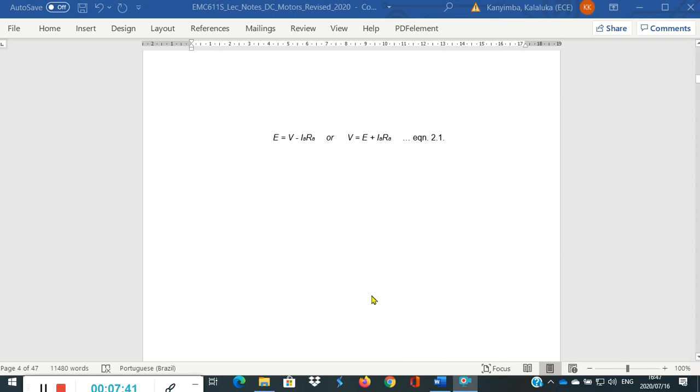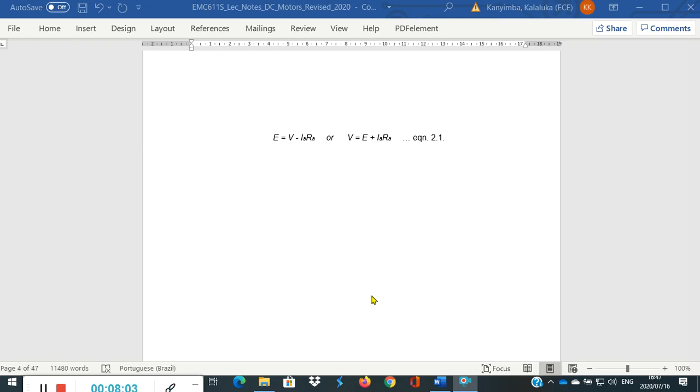E, which is the generated voltage, is equal to V minus Ia Ra, where Ia is the armature current, Ra is the armature resistance of the windings, and V is the supply voltage.